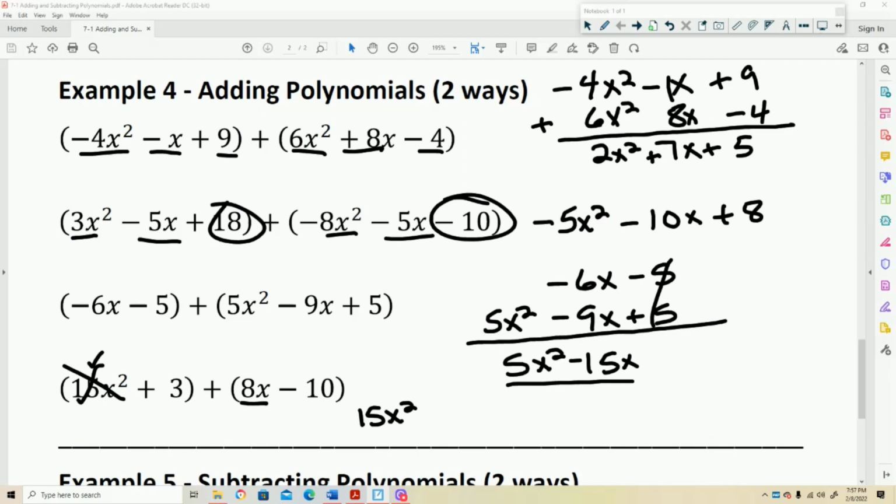And I notice that there's no other term with that degree, so nothing changes it. So now that's gone. Now I see that there is a 3 and a negative 10. Those are both the same term. They're both constants, so I add those together, I get a negative 7. So this is my answer. It is in standard form. 15x squared plus 8x minus 7.